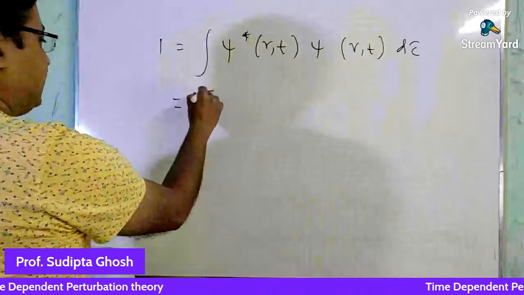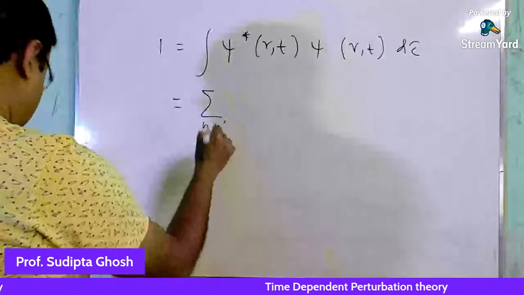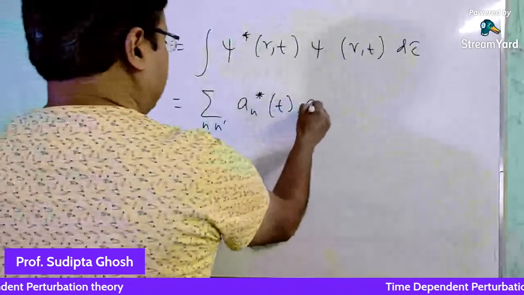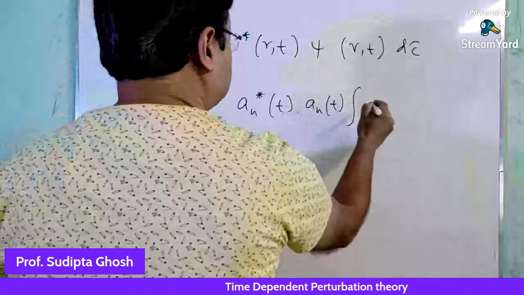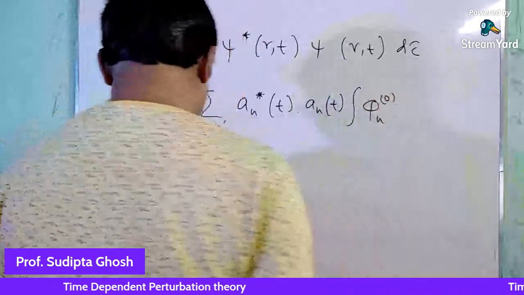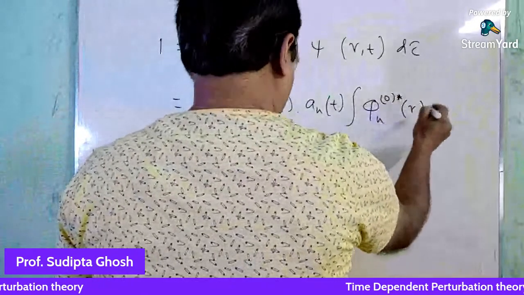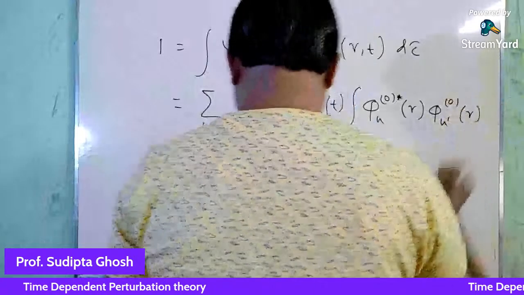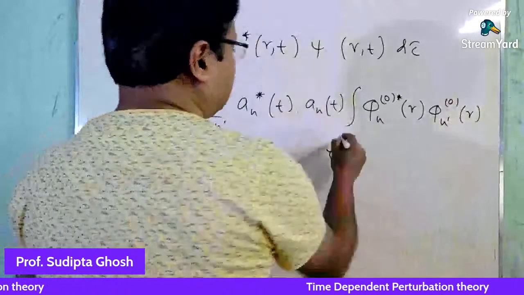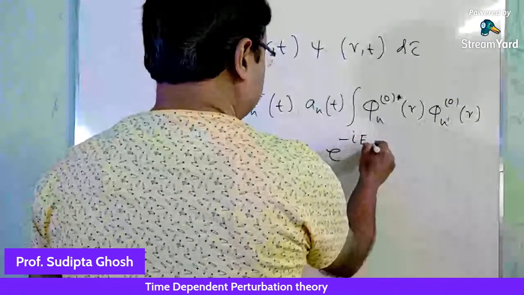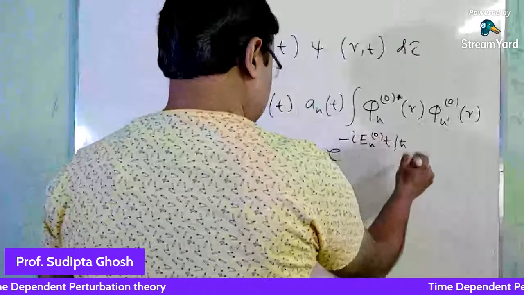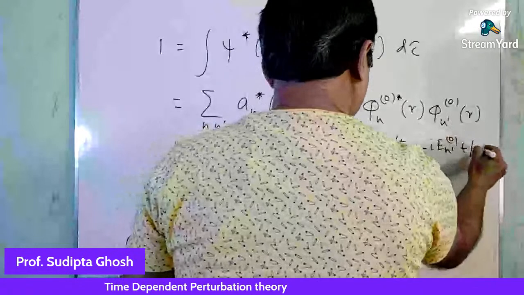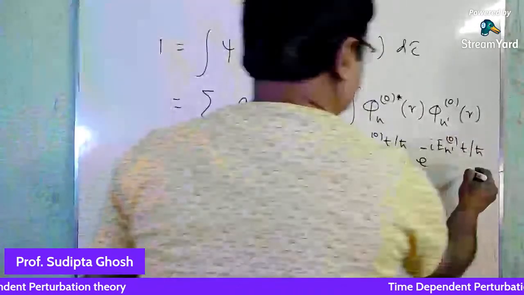Then putting in the values, we have the summation over n and n prime of a n star of t, a n prime of t, and then the integral of phi n0 star, a function of r, times phi n prime 0, also a function of r, and then the time-dependent part, e to the power minus i en0 t by h cut times e to the power plus i en prime 0 t by h cut, d tau.